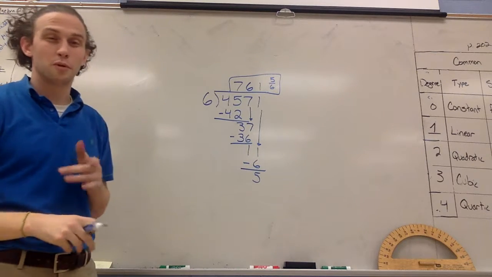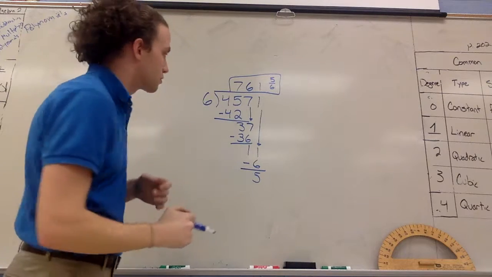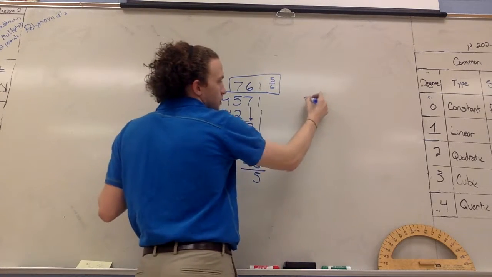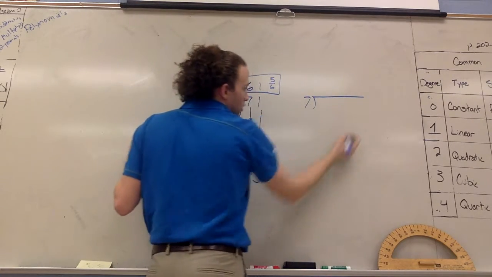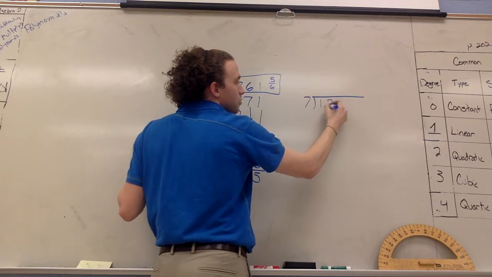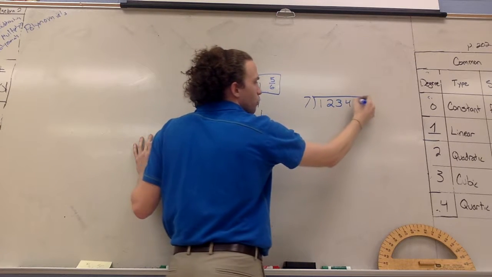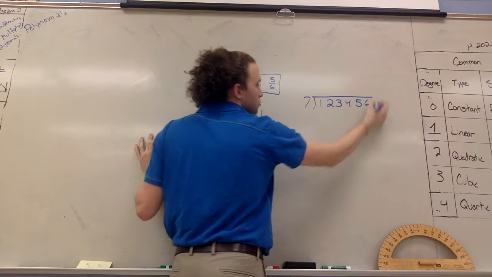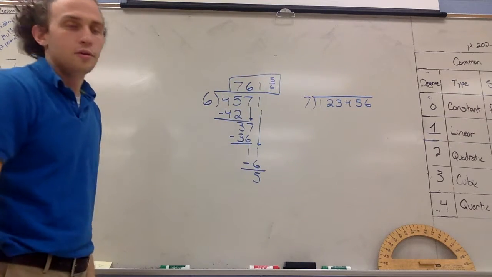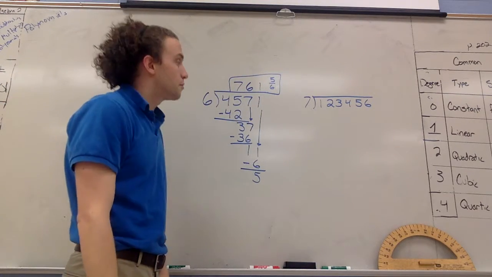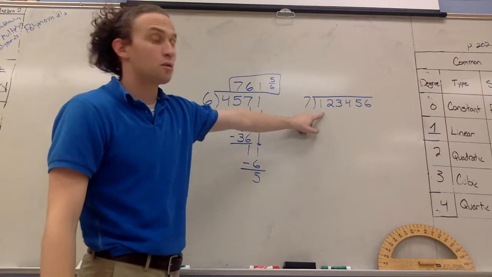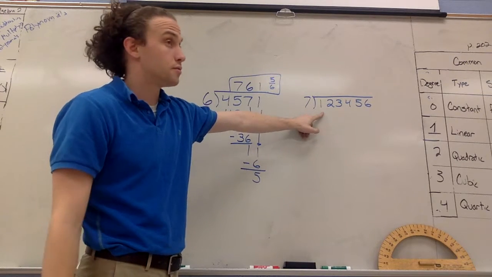I'm going to do one more example before we get into the polynomial long division. So the next one is going to be 7 into 123,456, and we'll leave it right there. Follow the exact same steps. How many times does 7 go into 1? It doesn't.